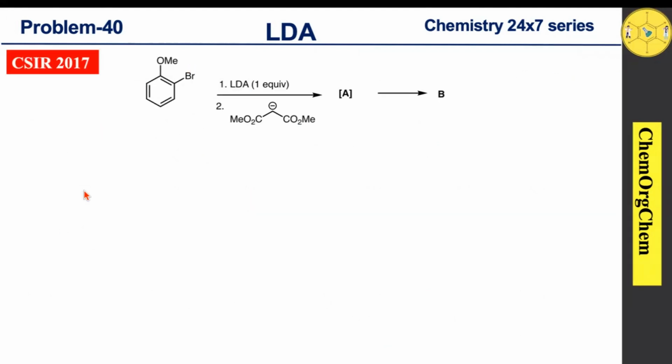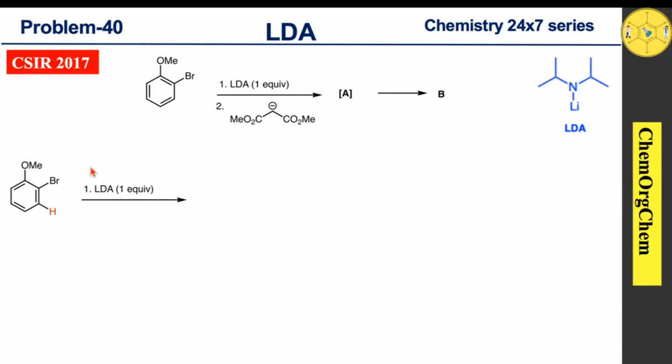The first step of the reaction is 2-bromoanisole reacting with LDA. LDA we have already discussed a lot in our channel, its preparation, properties and application. If anyone missed that video, you can find the link in the description box below. LDA is a non-nucleophilic, sterically hindered strong base which readily abstracts the proton from the more acidic position.